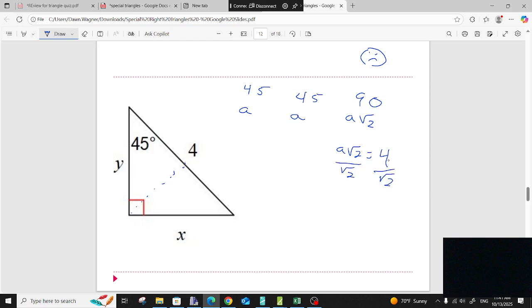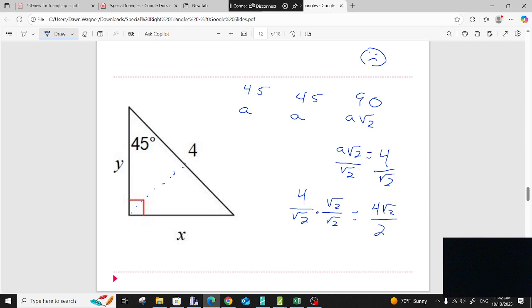Okay, can I leave it like this? No. You have to rationalize the denominator. What's square root of 2 times square root of 2? Square root of 4, which is 2. Now, this still can be simplified because 4 can be divided by 2.